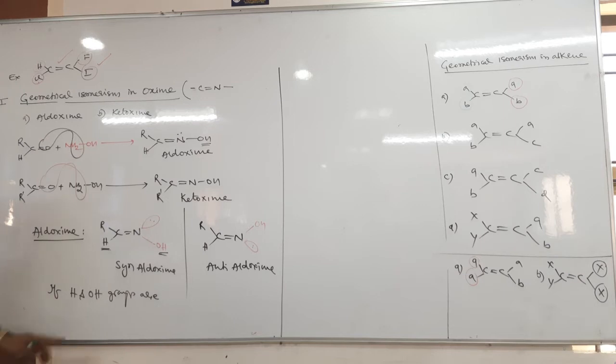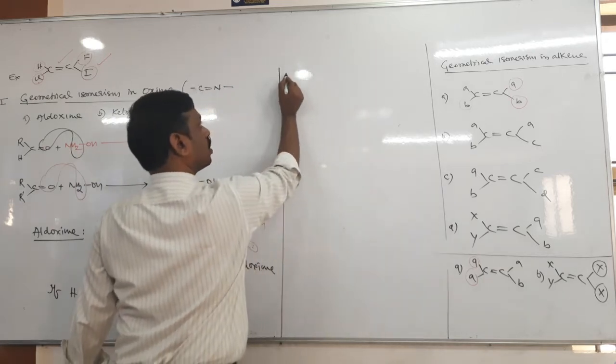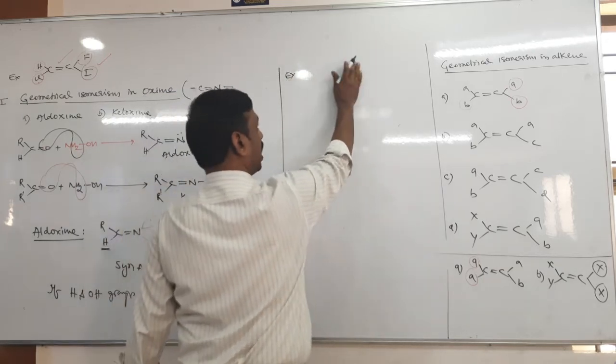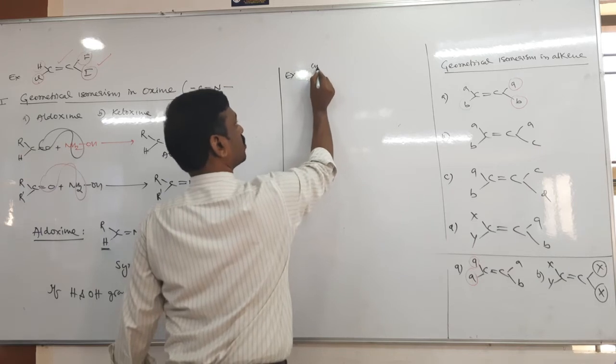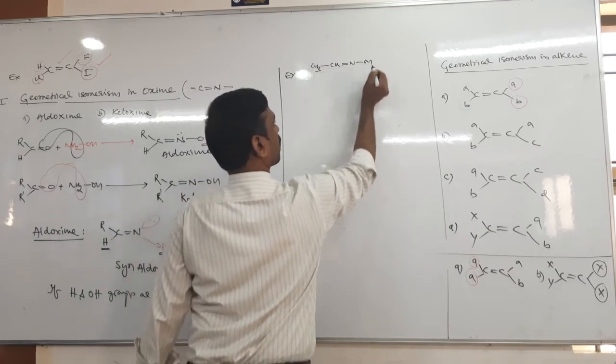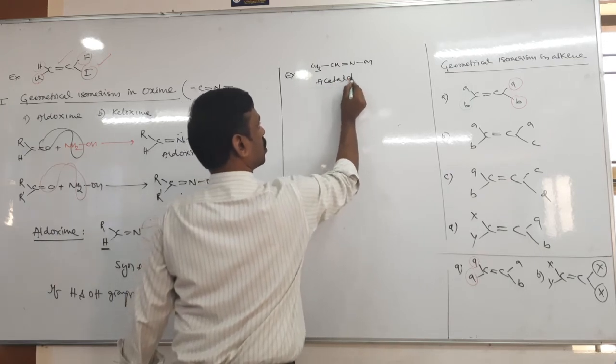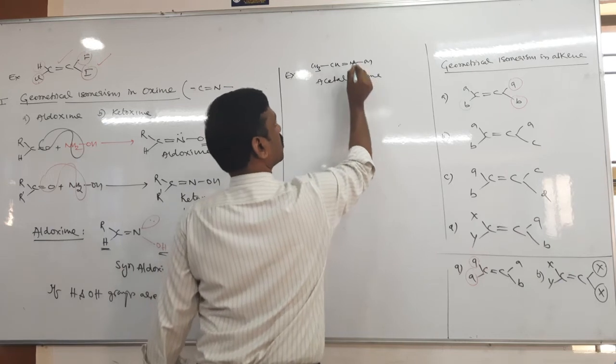Okay. It is about cis-trans isomerism, geometrical isomerism in aldoxime. You can write many examples. For example, you write the cis, syn, anti for acetaldehyde. Okay, it is acetaldoxime. Will you write?